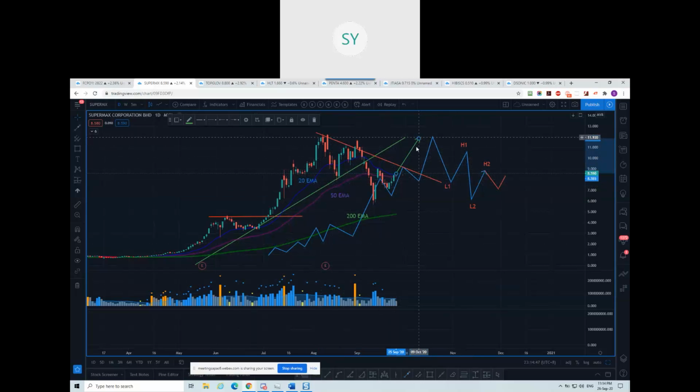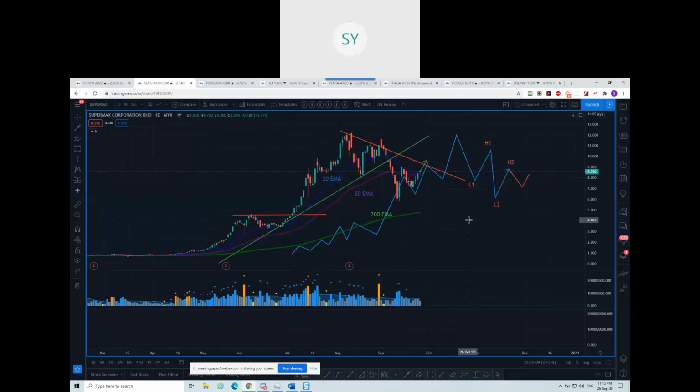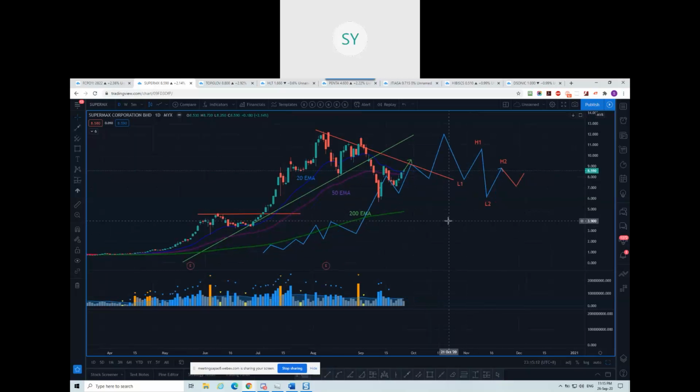But if the price is not able to break out of this downtrend line and maybe goes a bit higher and comes down, it's a possible scenario. So we have to wait and watch how the price is doing at the moment, and see maybe moving forward next week. We hope that Supermax will be able to break this downtrend line.